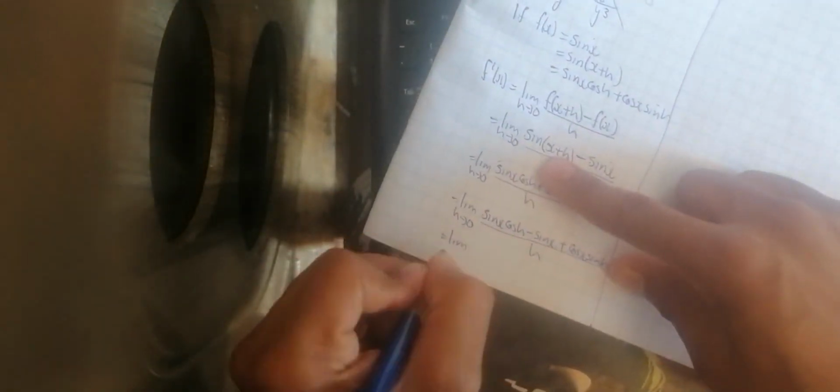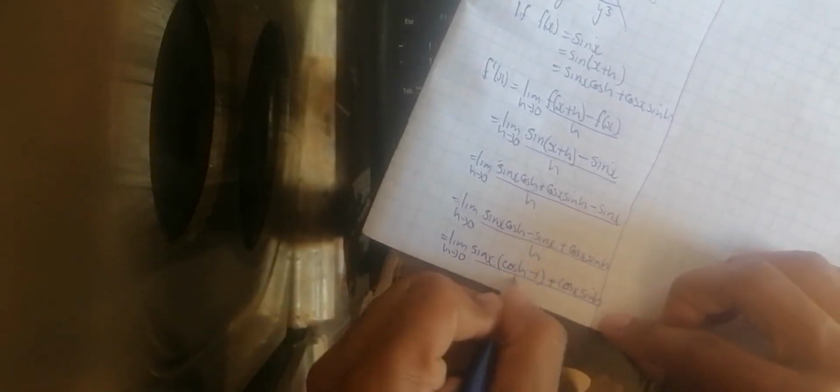Very important. Now I can take out a common factor here, which is sine x, and I'm left with cos h minus 1 plus cos x sine h, all be divided by h. Very important stuff. And we can continue in this.